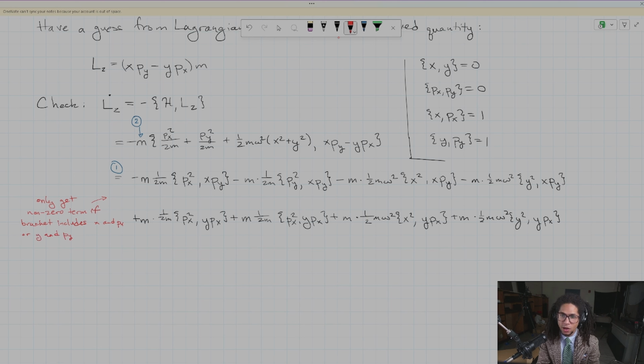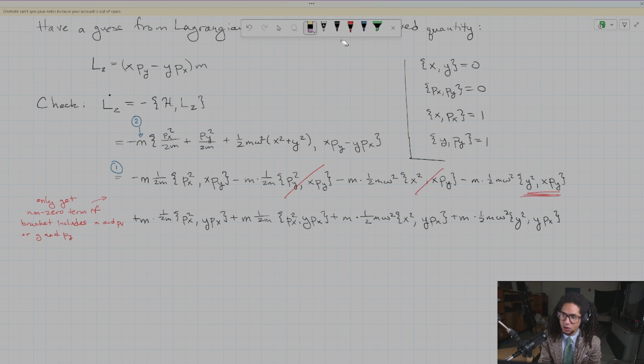So here's an example of one that is not 0, and it's because there's an x in one term and a px in the other. So that'll stick around. But in this one, for instance, we have py in both, but then with x. So there will be no term that survives here. That's going to be 0. Similarly, in this one, we have x and py, but no x and px or y and py.